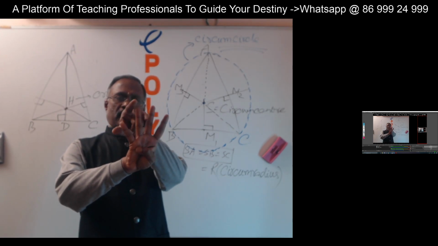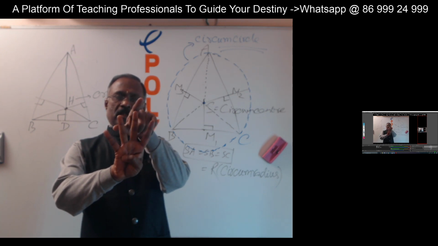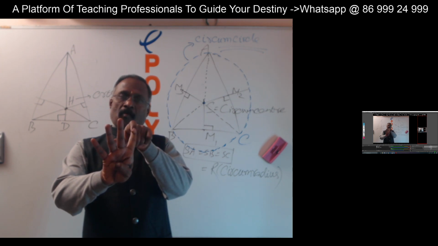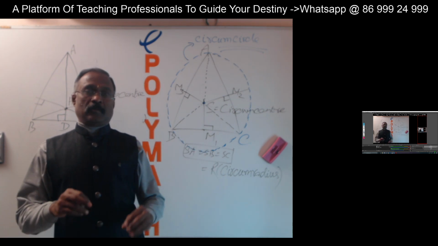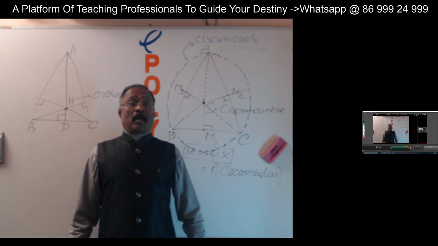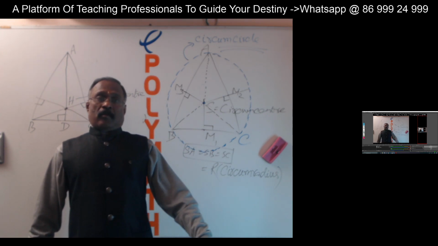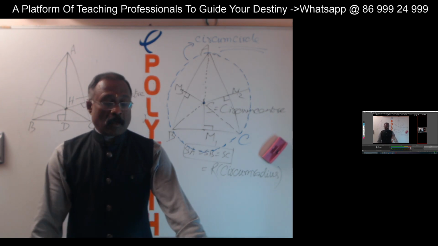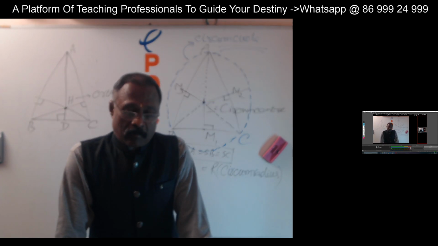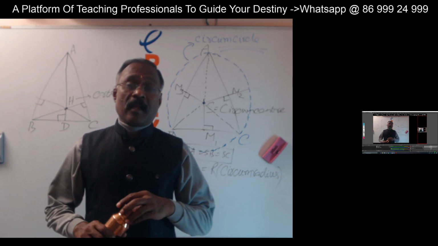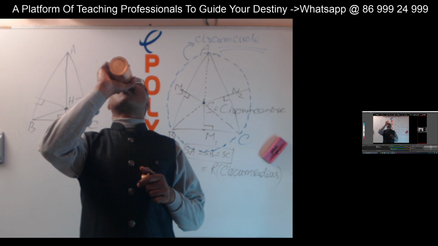Number one, centroid. Number two, orthocenter. Number three, circumcenter. Number four, incenter. With regards to incenter, there are more properties, and you have a good number of previous questions also, because it is the point of concurrence of internal angular bisectors.